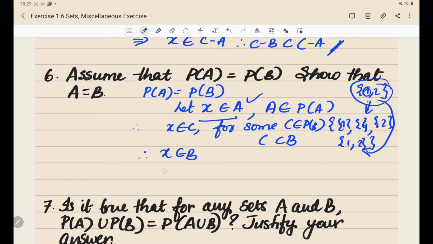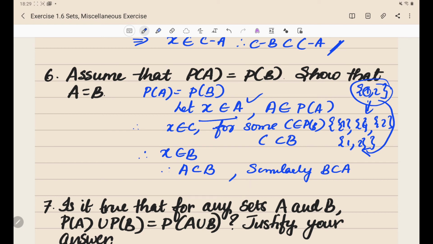If x belongs to A and x belongs to B, then we can say that A is a subset of B. Similarly, you can prove it the opposite way also, taking x belongs to B, and then you can prove that B is a subset of A.